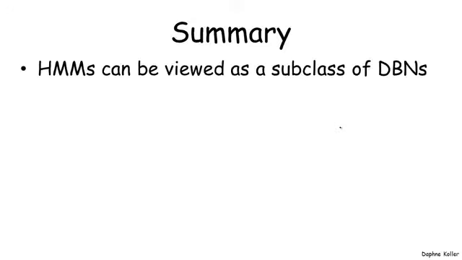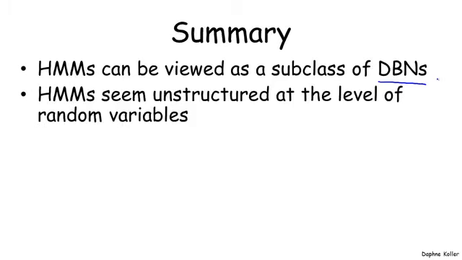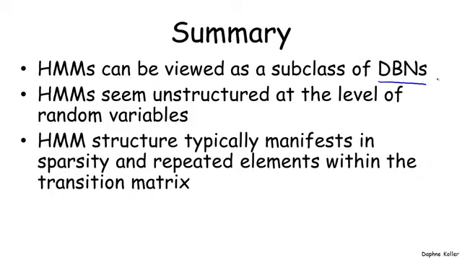So to summarize, HMMs in some simplistic way can be viewed as a subclass of the framework of dynamic Bayesian networks. And while they seem unstructured when we observe them at that level, when we think of structure at the level of random variables, there is a lot of structure that manifests in the sparsity structure of the conditional probabilities, and also in terms of repeated elements.